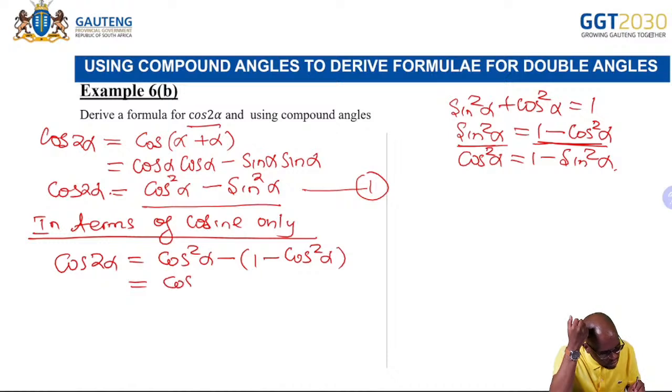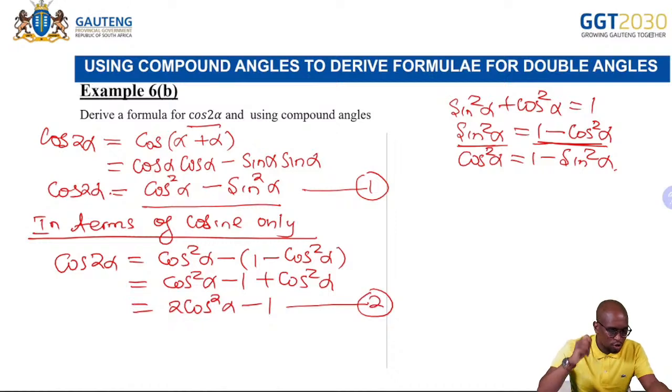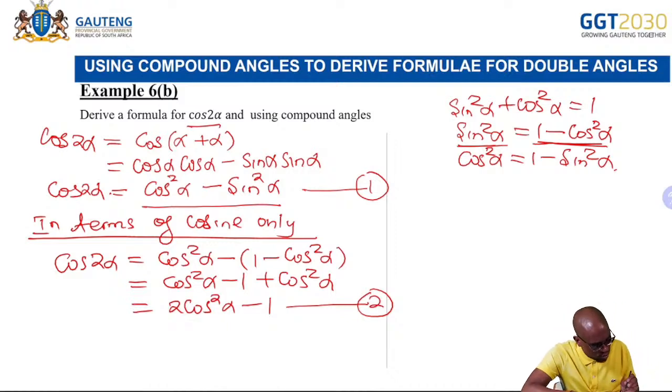This would be the cosine squared of alpha minus 1 plus the cosine squared of alpha. So this would be 2 cosine squared of alpha minus 1. We call this one equation 2, because you've expressed the cosine of 2 alpha in terms of cosine only.